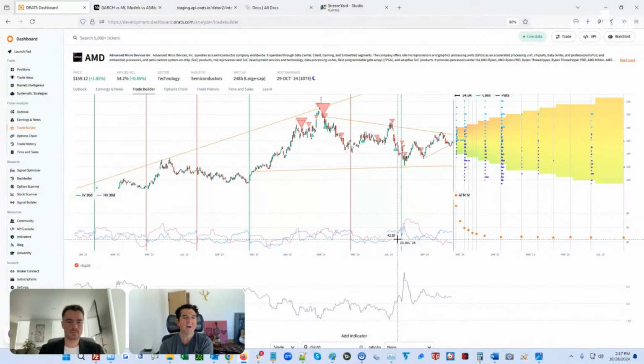People will talk about the implied volatility crush and about implied volatility going up until earnings, and so let's just buy implied volatility. Well, it's all baked in. It's not whether implied volatility is going to go up. It's what implied volatility is implying.